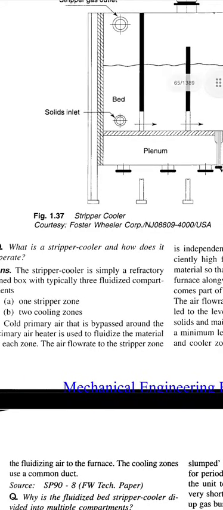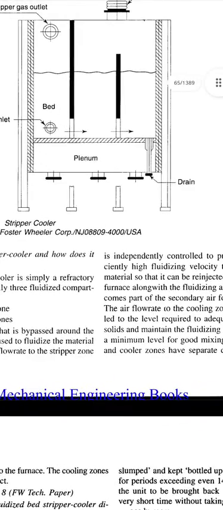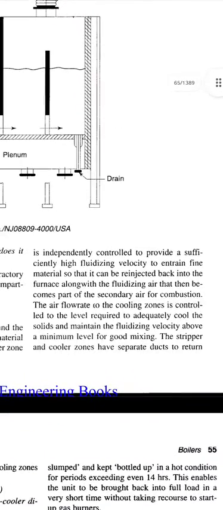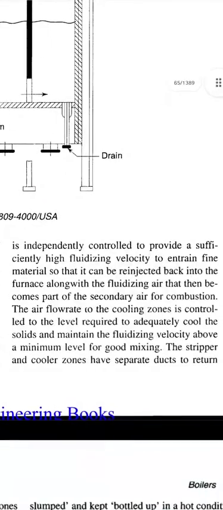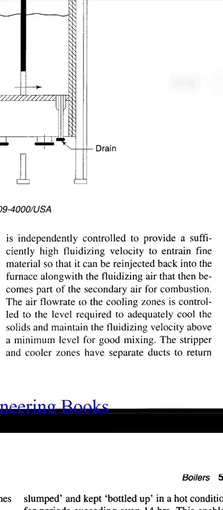The air flow rate to the stripper zone is independently controlled to provide a sufficiently high fluidizing velocity to entrain fine material so that it can be reinjected back into the furnace along with the fluidizing air, which then becomes part of the secondary air for combustion.